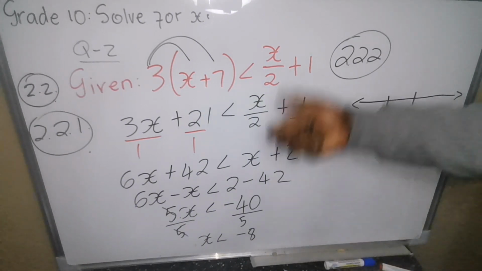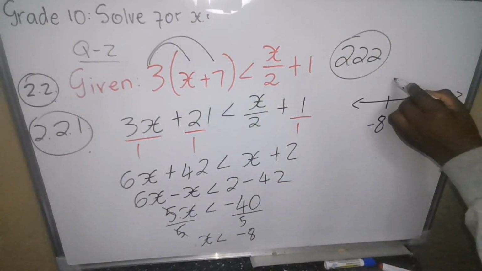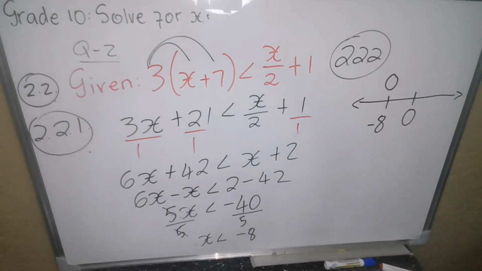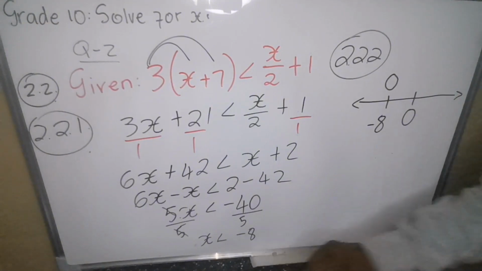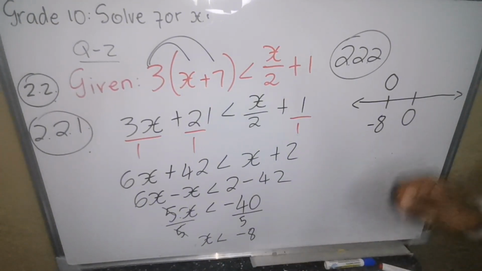Then since this is an inequality, you must draw a ball here. And the same goes for x, all values must be smaller than negative 8. On which side do we find values that are smaller than negative 8? Which numbers are smaller than negative 8?